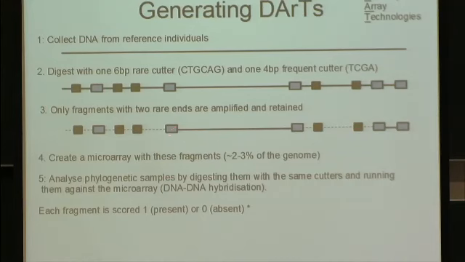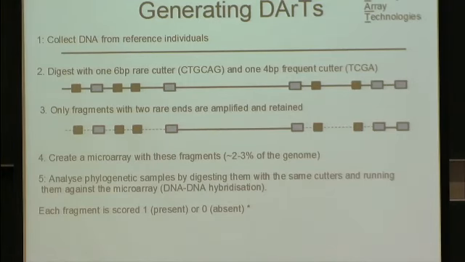Basically, if you have a fragment that has two of these rare ends, it will be amplified and retained. If you have a fragment that is between two of these green cutters, you'll lose it; it will disappear. Likewise, if you have one with two different kinds of ends, you won't get that either.